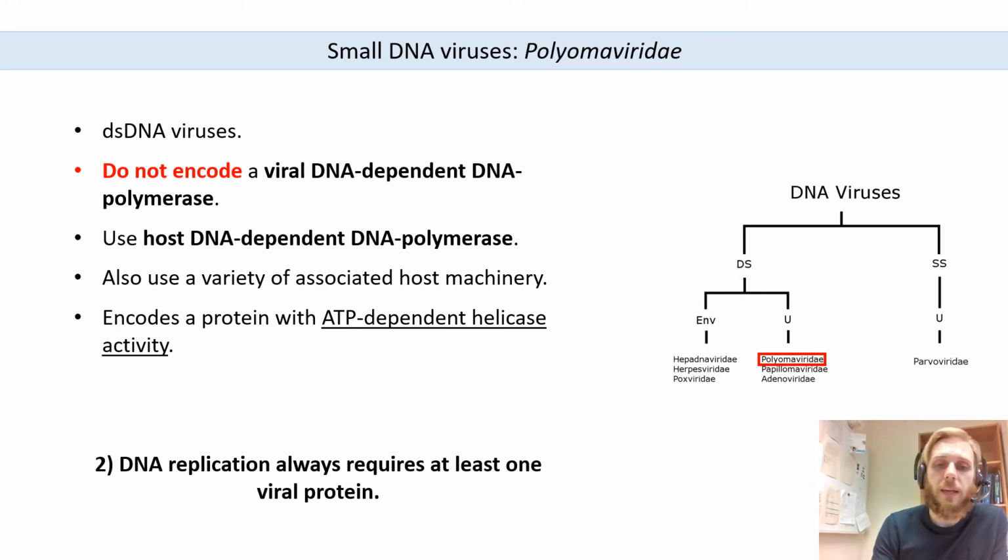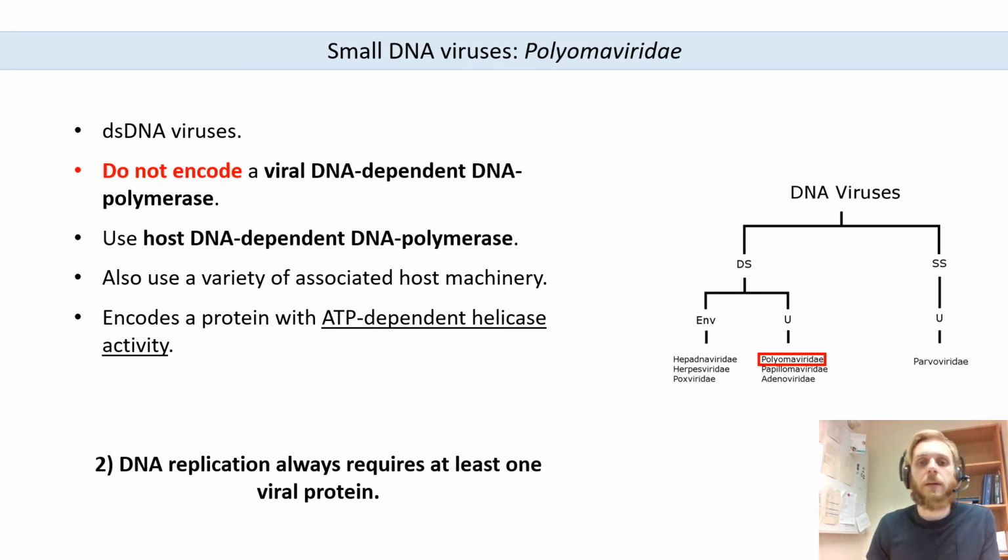An example is the ATP-dependent helicase that is encoded by the small DNA viruses. So again, these small DNA viruses, they have to encode at least one element that is involved in genome replication. They have to encode at least one enzyme.